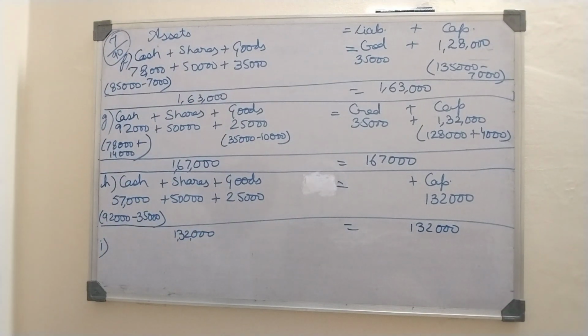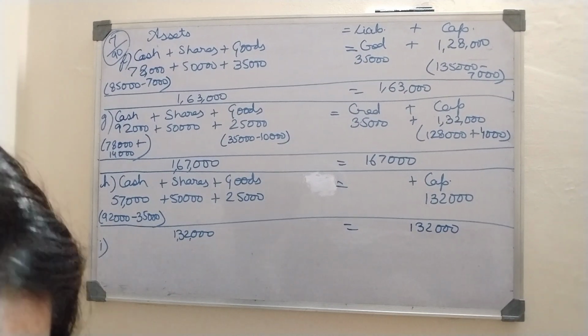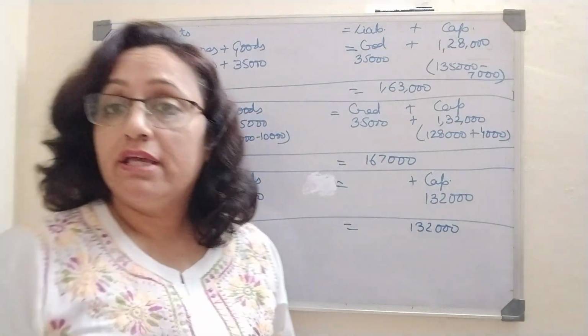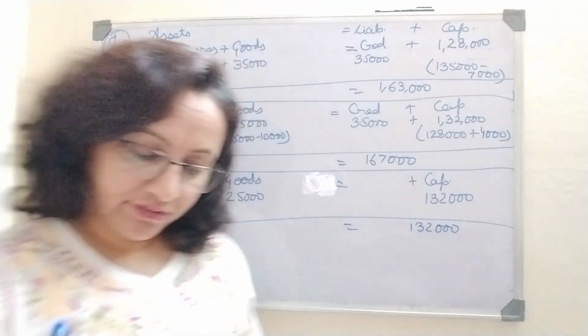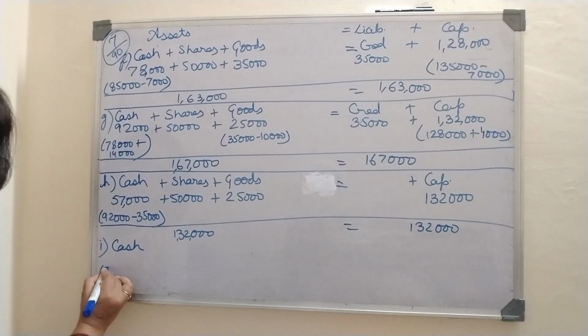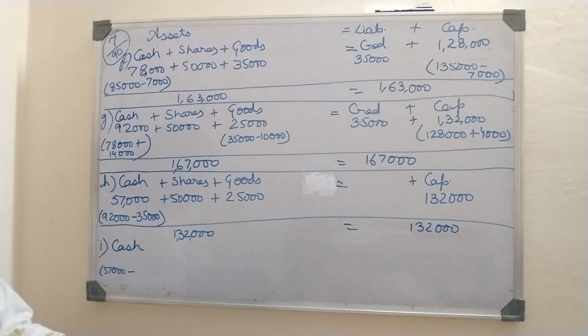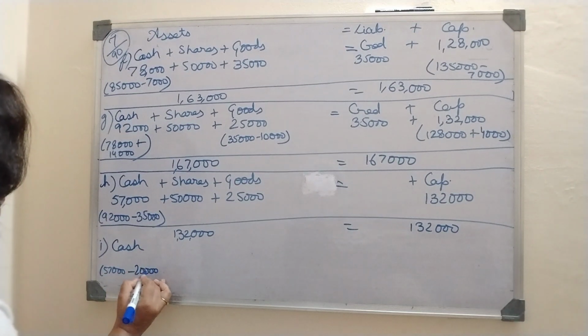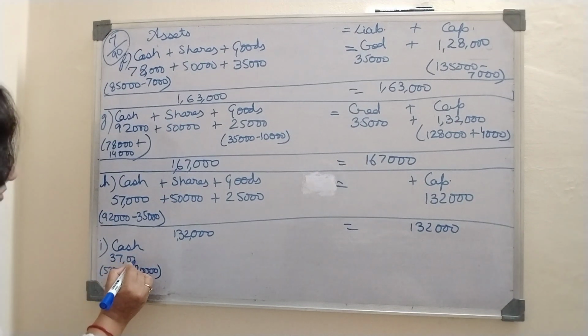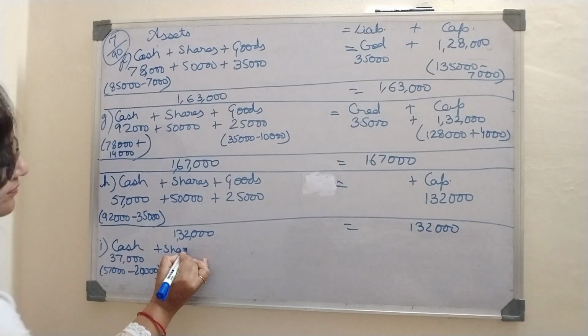Now we have the last part of this question, which is quite easy to understand. Deposited into bank. Now what we will do? This is a contra entry. I told you earlier also, a contra entry is when cash and bank both are getting affected. So we have deposited cash into bank, which means from cash we will deduct it. 57,000 minus 20,000 comes to 37,000, plus shares.